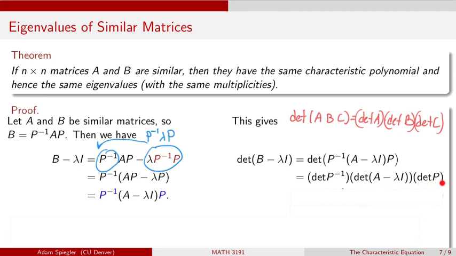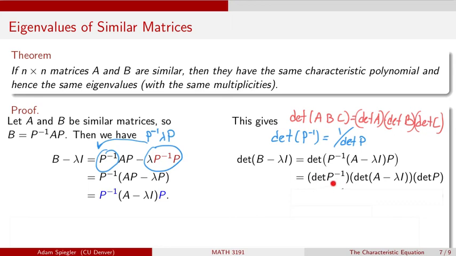And next, we can simplify this further because we have shown in the past that the determinant of P and the inverse of P are related by the reciprocal relation. So if we take the determinant of P inverse, that equals 1 over the determinant of P. And now we have this product of three terms, and we can multiply scalars in any order that we like.